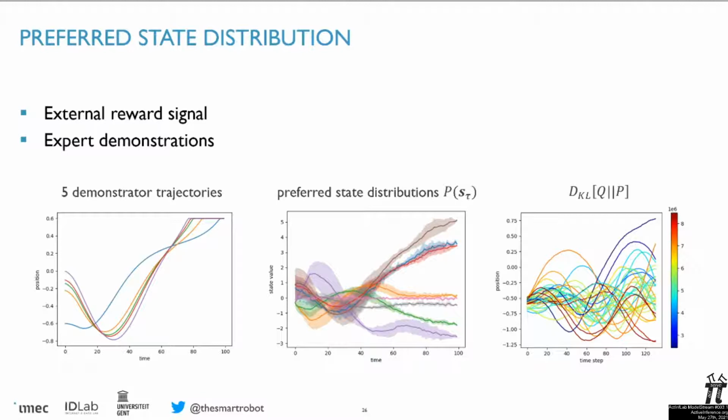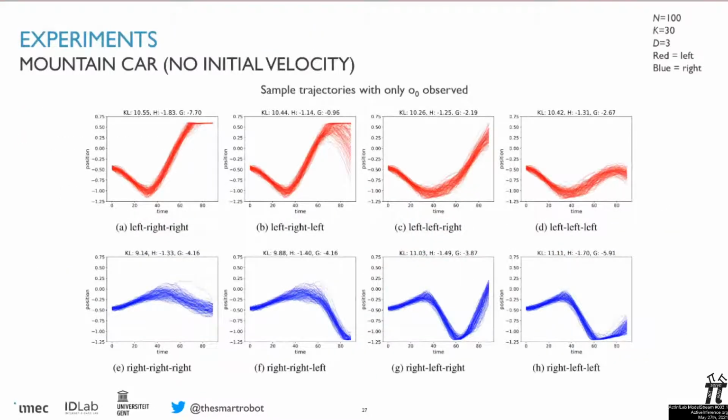You can see that you can actually use this preferred distribution to rank trajectories according to lowest free energy. You see that the blue curve is the only one that reaches the top, and is also the one that the model seems to prefer. Then in the next slide, we experiment a bit with what this means in terms of the actual free energy, so also compensated with the entropy.